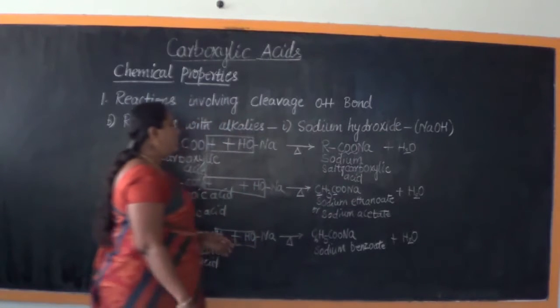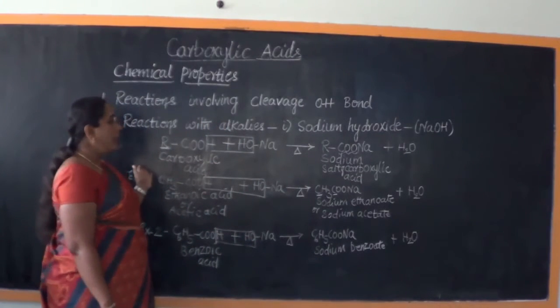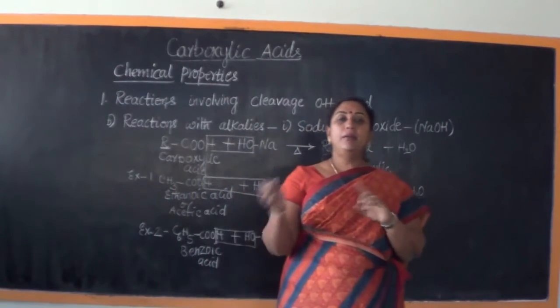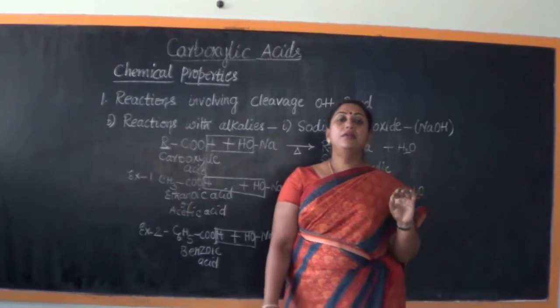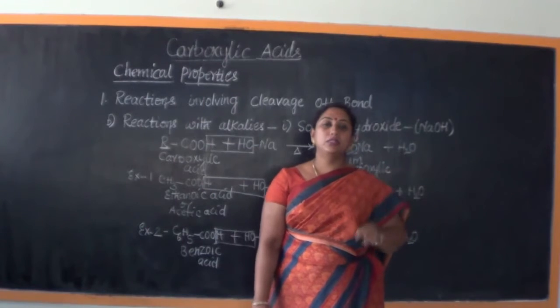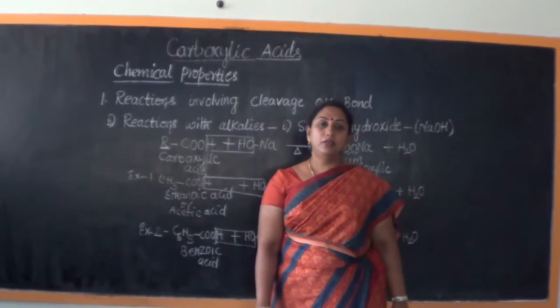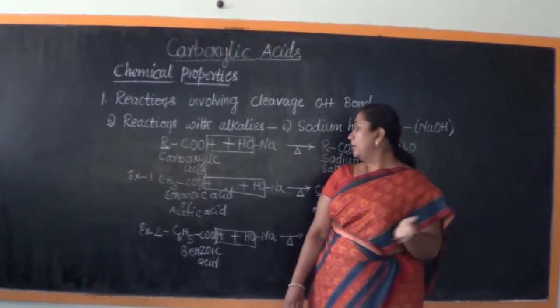So therefore, this is how the carboxylic acid reacts with sodium hydroxide. Now when we compare this reaction with the alcohols, alcohols do not react with sodium hydroxide. Dear students, this is an important point you should remember. Alcohols do not react with sodium hydroxide.